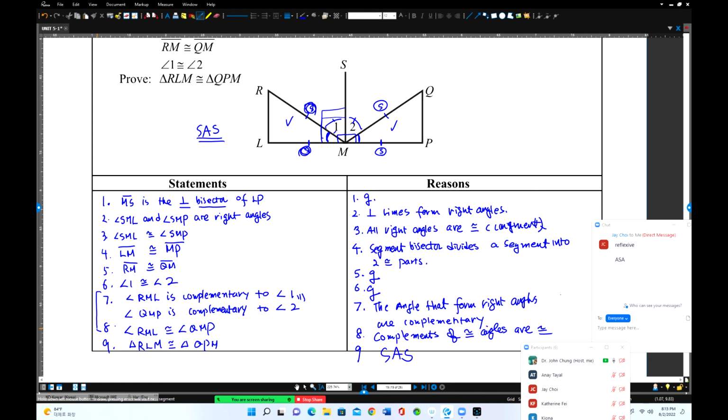The angles that form a linear pair. But for this one, the two angles form right angles, so these two angles are complementary. One of the angles is complementary to the other. You have to memorize the reason of it. That's all for today.